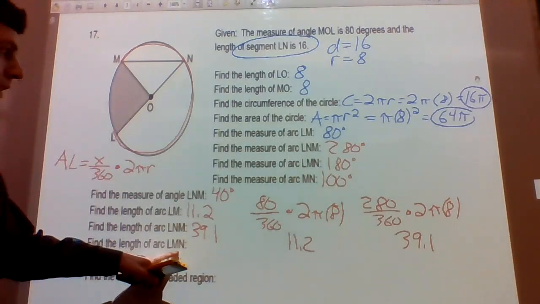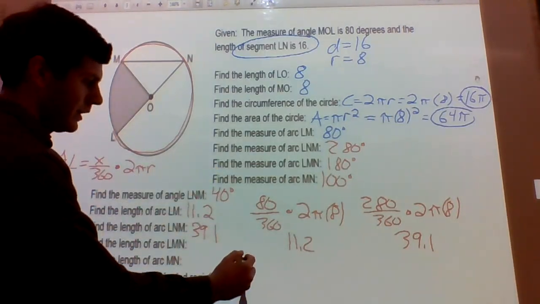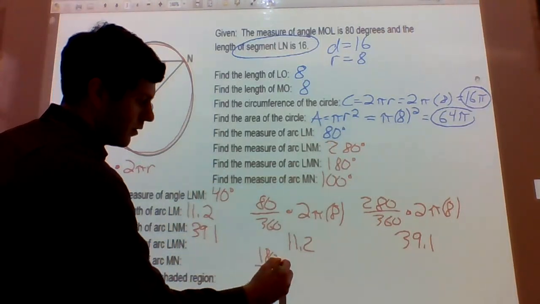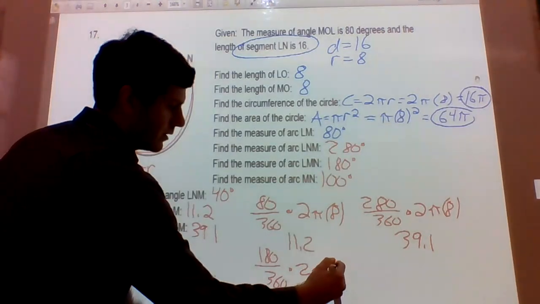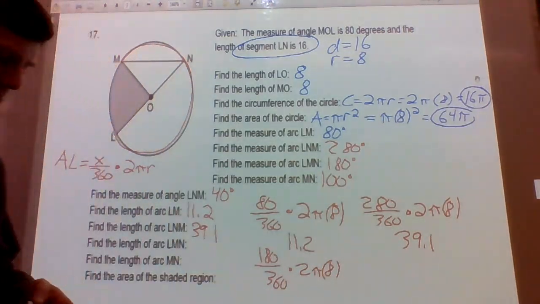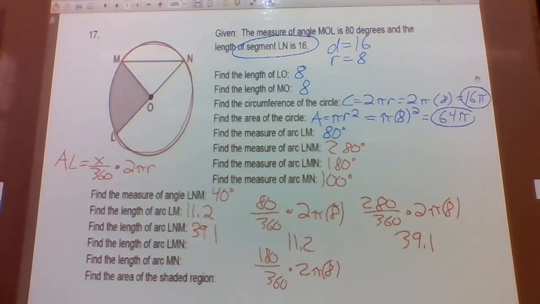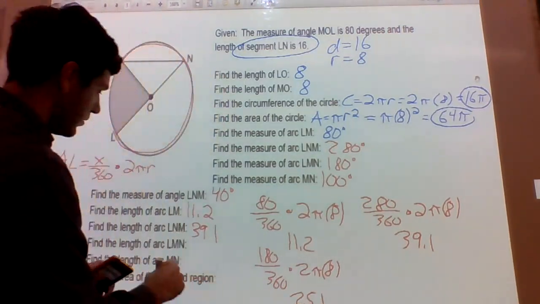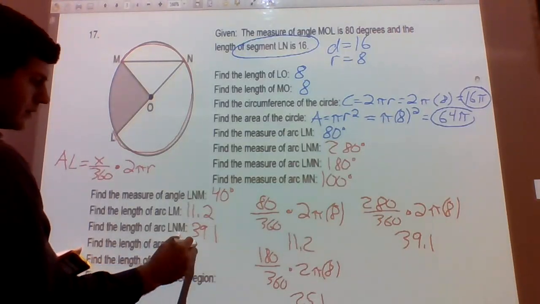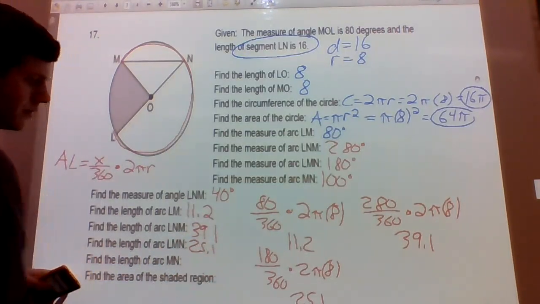Length of arc LMN was 180, so 180 over 360 times 2 pi times 8. Okay, we just put that in the calculator. 180 times 2 pi times 8 divided by 360 is going to be 25.1. So we know the length of LMN is 25.1.